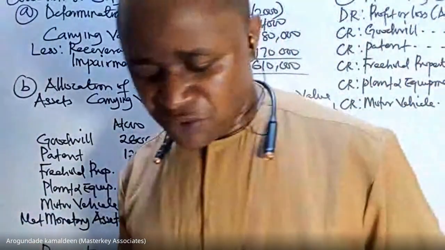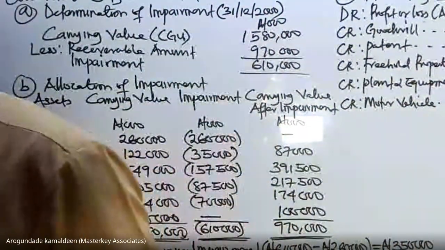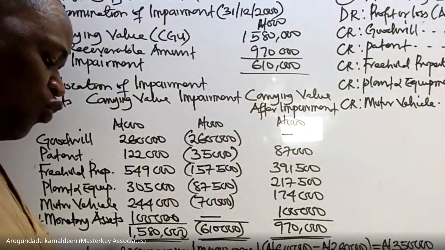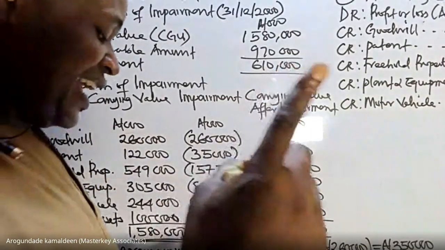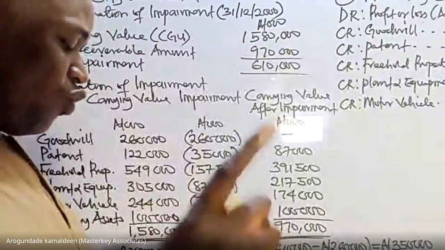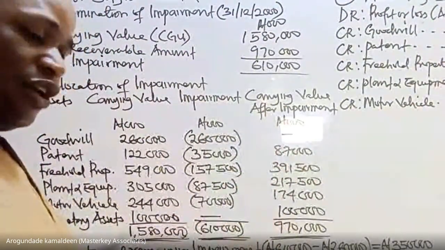A market research report concluded that tourists were not using the railway because of the fear of a similar accident occurring to the remaining engine. It's normal. In the light of this, the value in use of the business was reassessed on 31st March 2000 at 1.8 million.